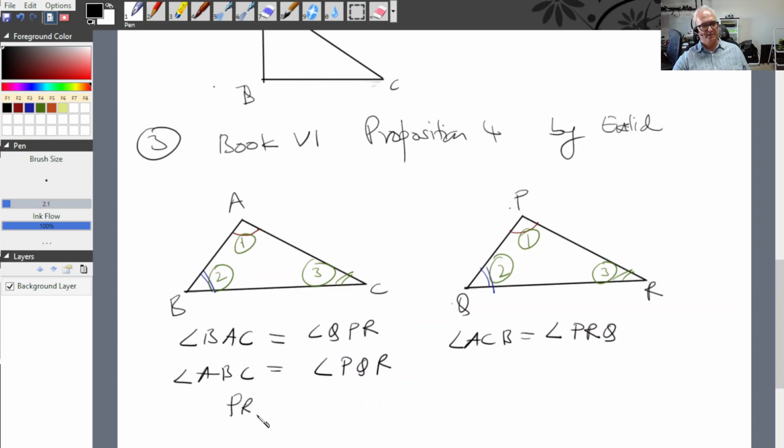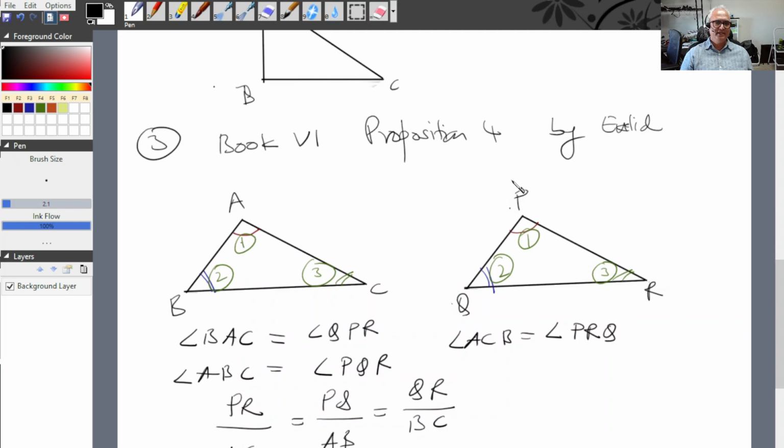So PR divided by AC will be equal to PQ, which is opposite angle 3, PQ divided by AB, and the side QR divided by BC. So this is the law of proportionality between similar triangles, and for the sake of curiosity, you should go and read this proposition.